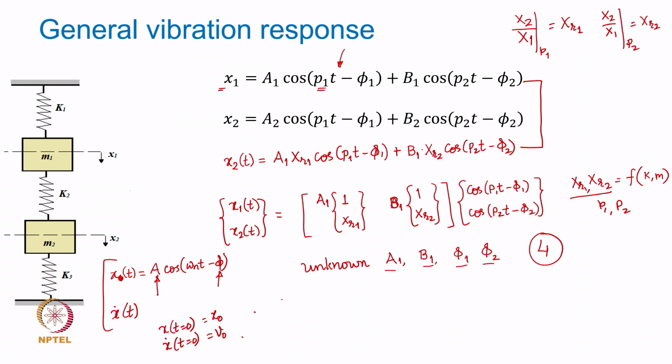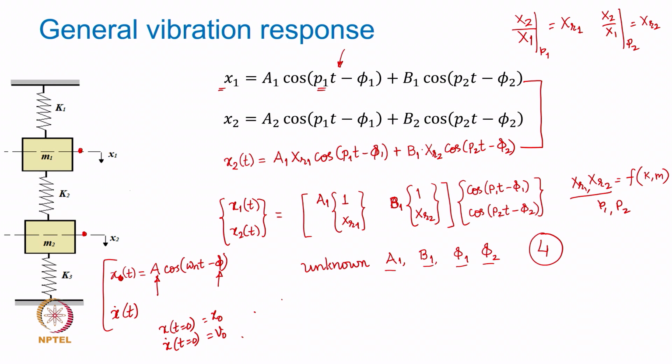We will do the same thing here. We will get the expressions for x1 dot and x2 dot, and then specify the initial displacement and velocity given to mass m1 and to mass m2. If you prescribe that, you will get the solution.